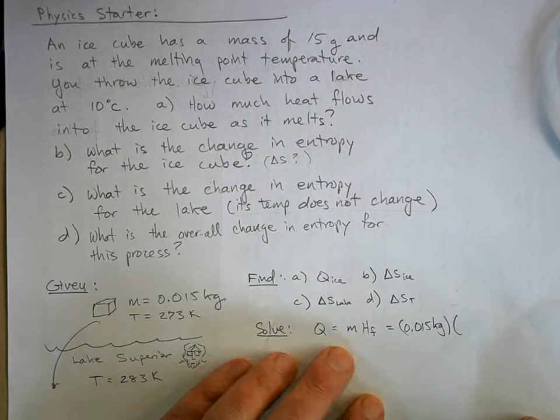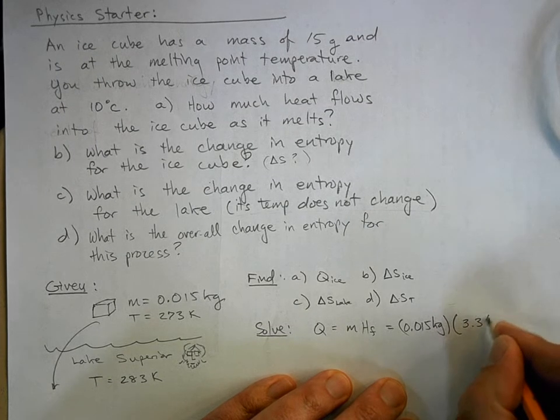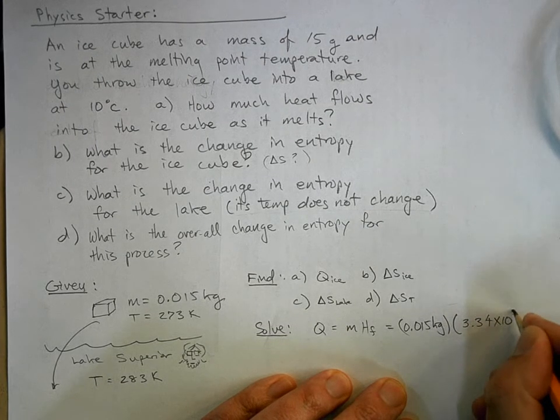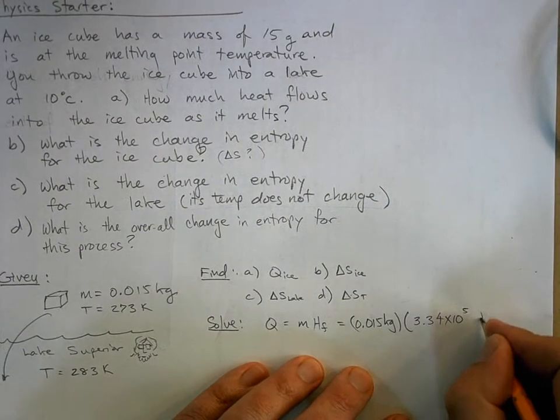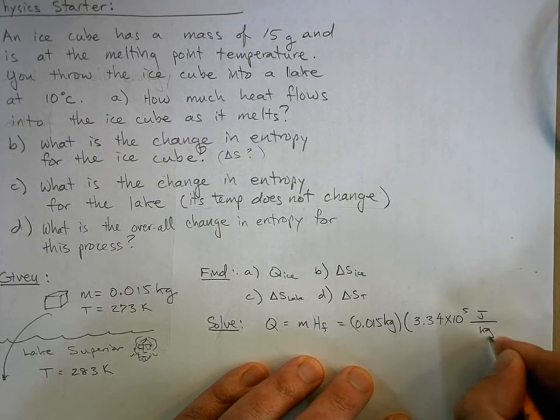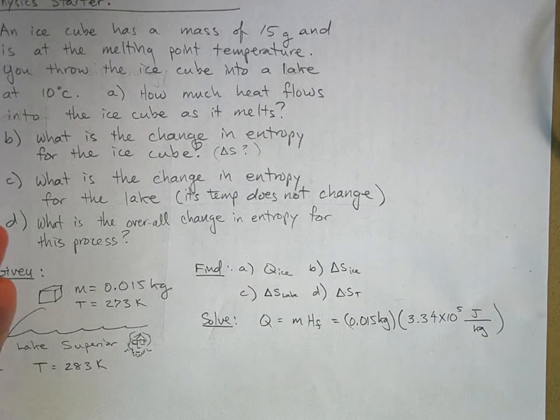And what is the heat of fusion? 3.34 times 10 to the 5th. And what are the units? Joules per kilogram. So if you had 1 kilogram of ice, it would take this much energy to melt that much ice.